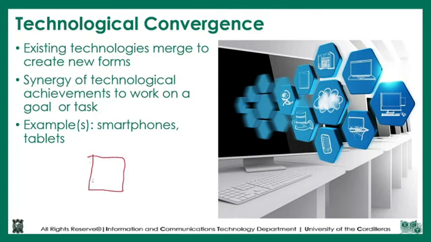Assuming this is your smartphone, so apologies for the crude drawing. There we go. Assuming this is your smartphone or tablet, you could say. Your smartphone is actually composed of many different components. It has a camera, internet access, let's put INT.